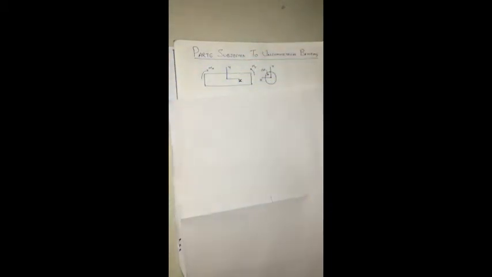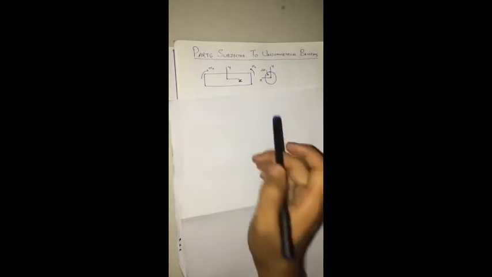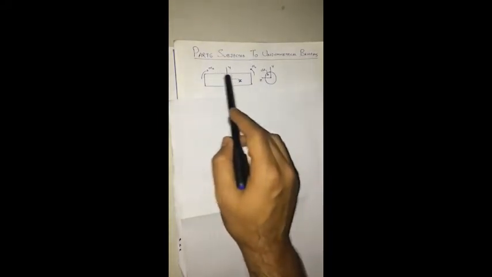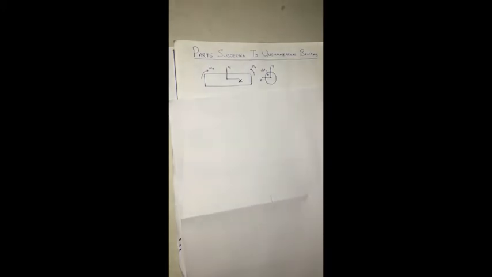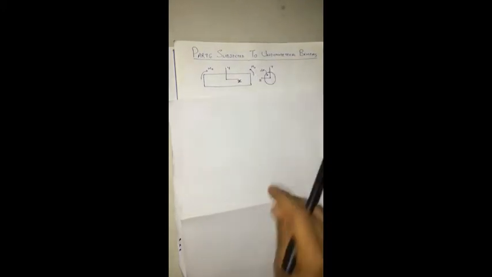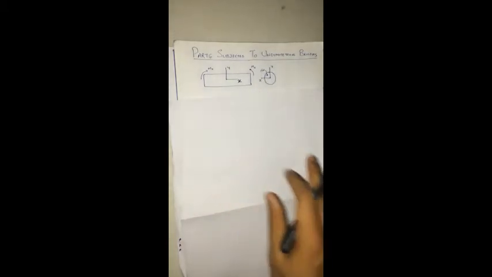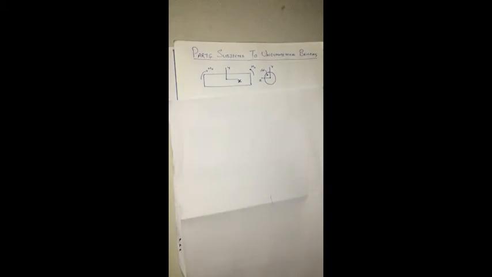Okay, so I hope this is clear to you. And this is the situation which we are dealing with. Okay, this is the y-axis, z-axis. So in this beam we can apply the flexure formula.